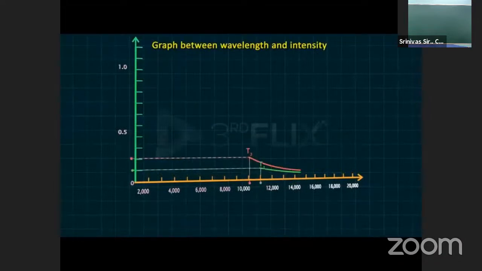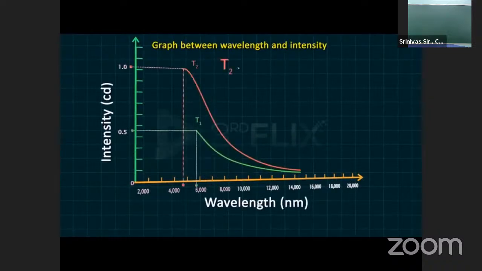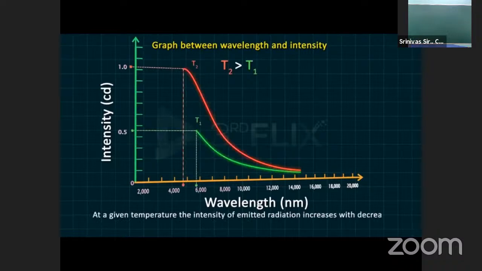Now, let's take a closer look at the graph plotted between the wavelength and intensity of the emitted radiation. The graph clearly shows that at a given temperature, the intensity of emitted radiation increases with decrease in wavelength.